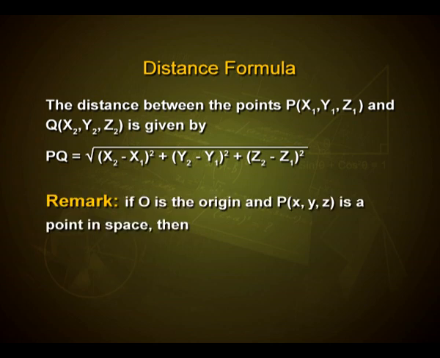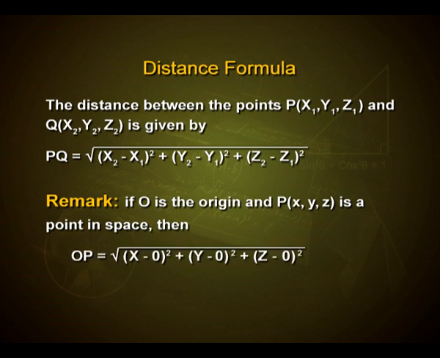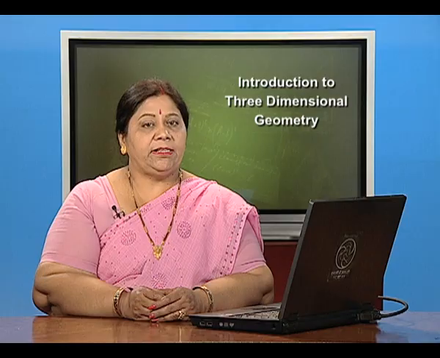Here, if O is the origin and P(x, y, z) is a point in space, then OP is equal to the square root of (x minus 0) whole square plus (y minus 0) whole square plus (z minus 0) whole square, which can be simplified as the square root of x square plus y square plus z square. Now, let us look into an example.